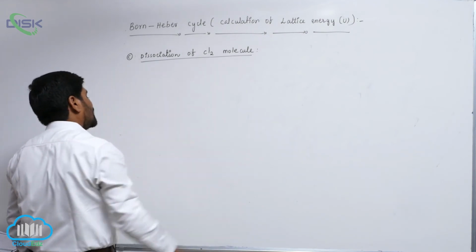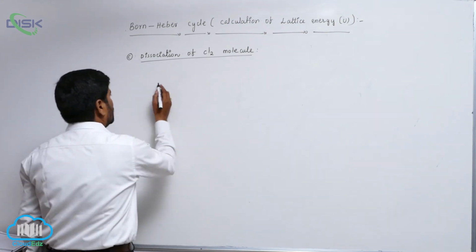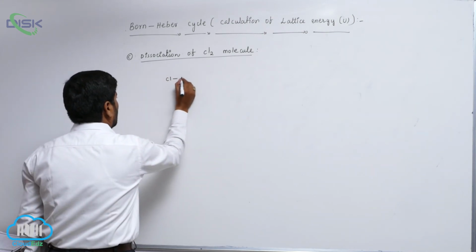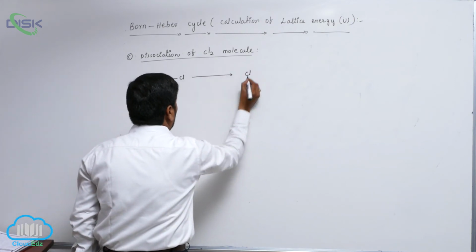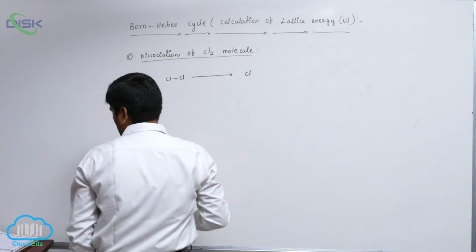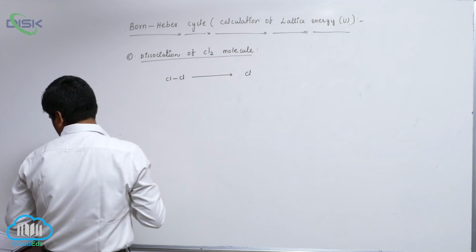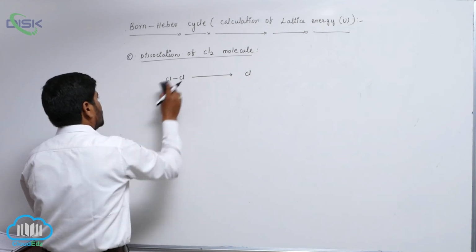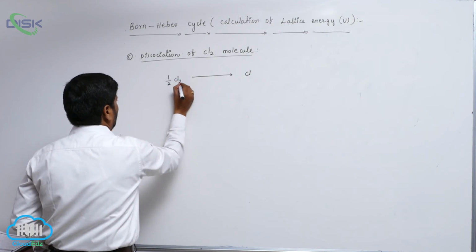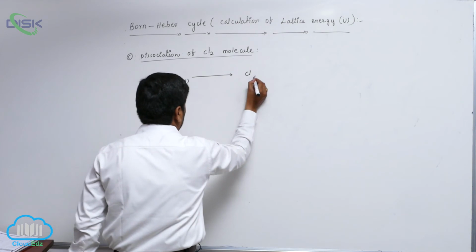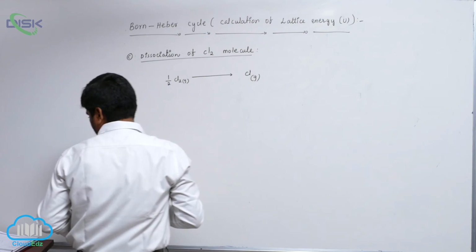In order to dissociate, we supply some amount of energy towards the reactant side. So the chlorine molecule dissociates into chlorine atoms. Here, if you are taking half a mole, half a mole of Cl2 gas converts into chlorine atom gas.